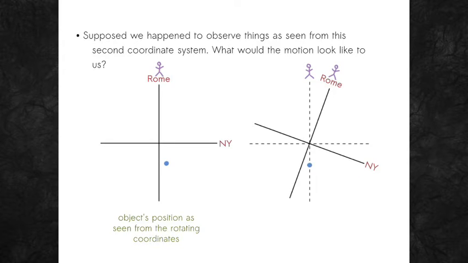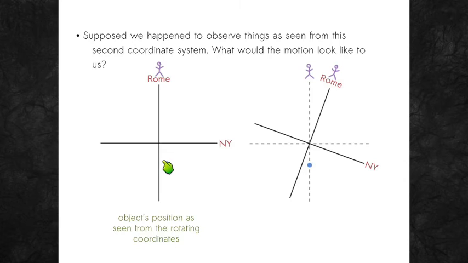And we see that the object moved along the y-axis in the stationary coordinates, and the Earth rotated a little bit. So now if we ask Roberto, where is this guy? He's going to say, well, it's some distance past the North Pole on the Rome axis, and a little bit towards New York, but not that far. So if I plot that out in his coordinates, it's some distance past the North Pole on the Rome axis, and a little bit towards New York.